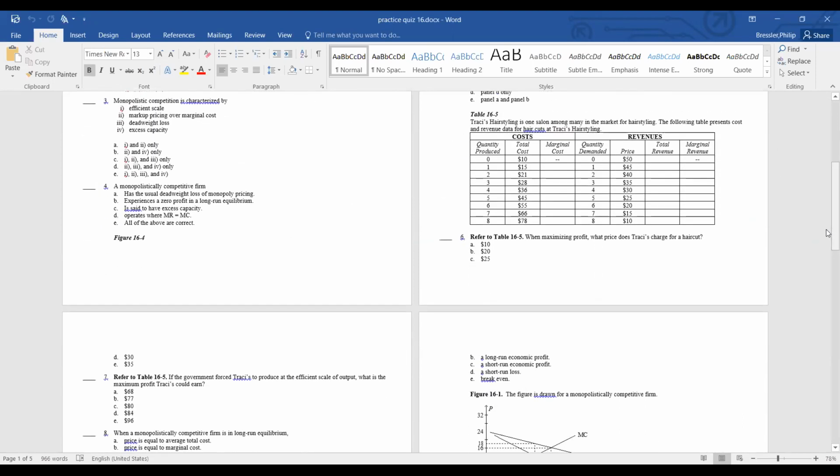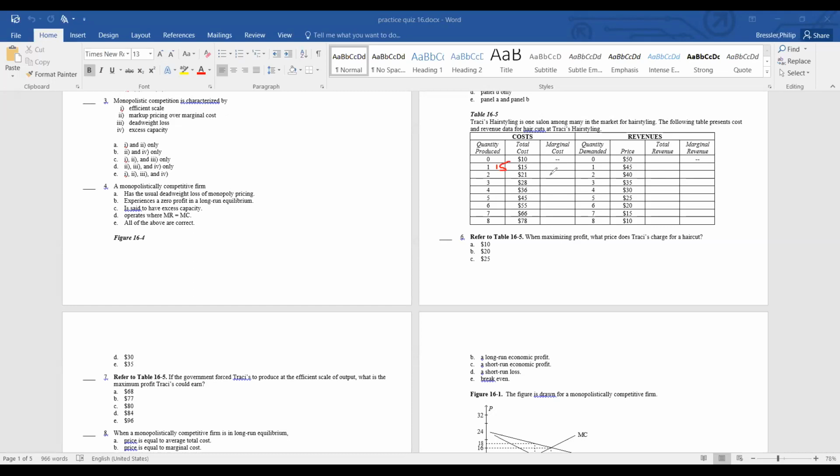If the government forced Tracy to produce at an efficient scale. So what do they mean by an efficient scale? They mean productively efficient, the lowest ATC. How am I going to figure that out? I'm going to take my total cost and divide it by quantity. The first one is going to be 15.